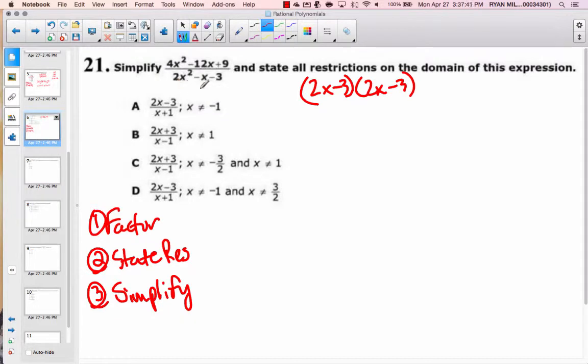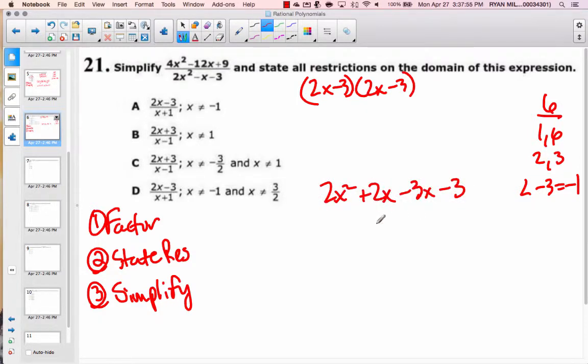All right, on bottom, 2 times 3 is 6. 1 and 6, 2 and 3. I'm making negative 1, so I'm going to do 2 minus 3. So I've got 2x squared plus 2x minus 3x minus 3. Throw in my grouping symbols so I can do reverse distribution. Here I'm going to take out a 2x, here I'm going to take out a negative 3.